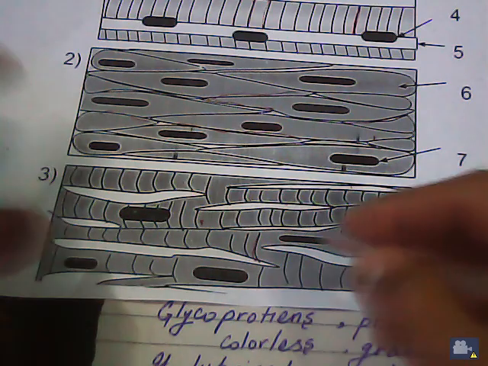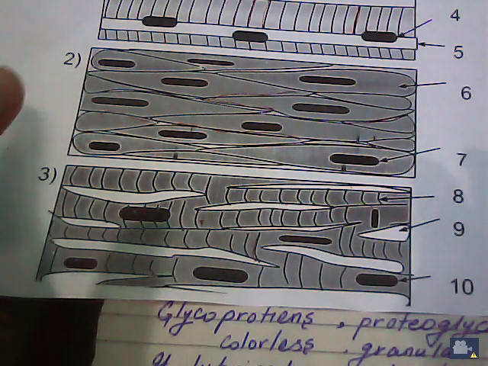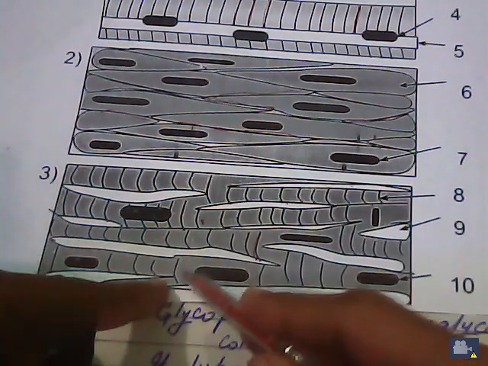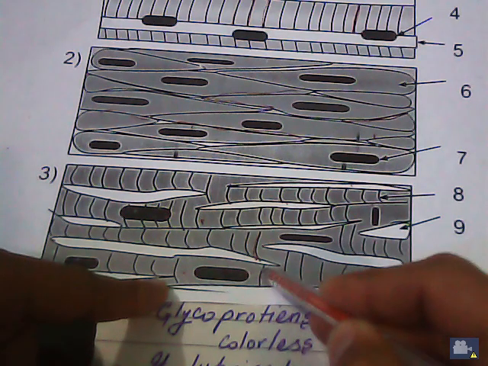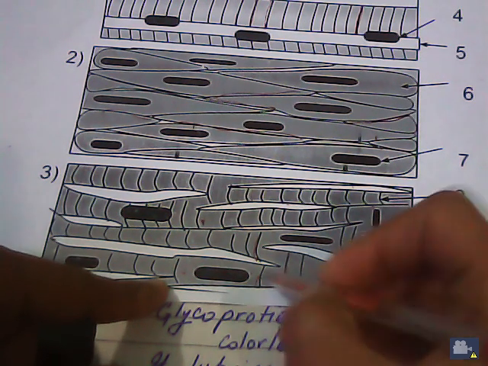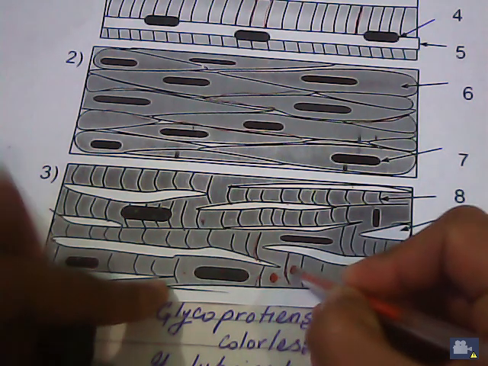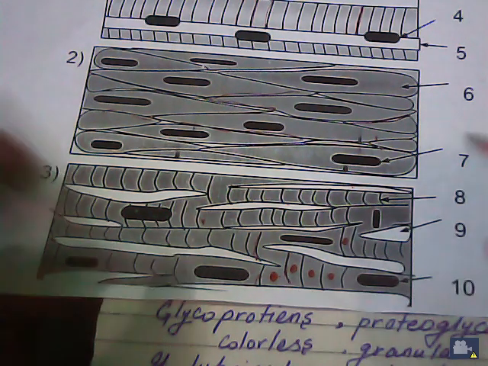This diagram is not 100% right, because one cell has one nucleus, in the center. This cell is connected with this cell, so there should be a nucleus here; every cell should have a nucleus, because these are uninucleated cells.